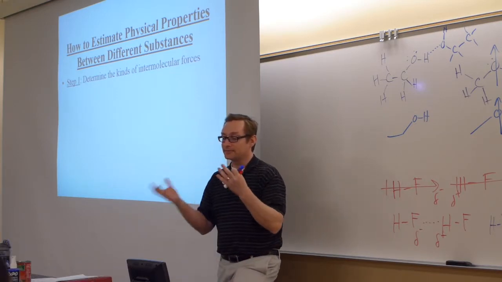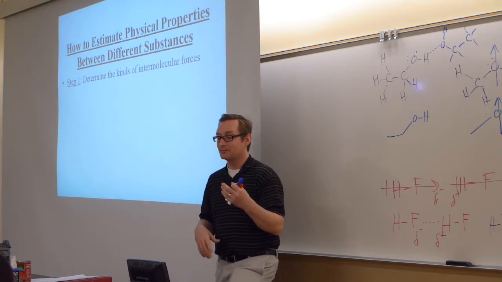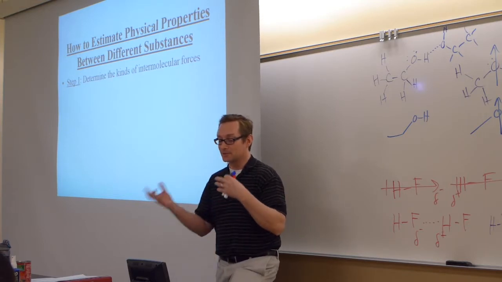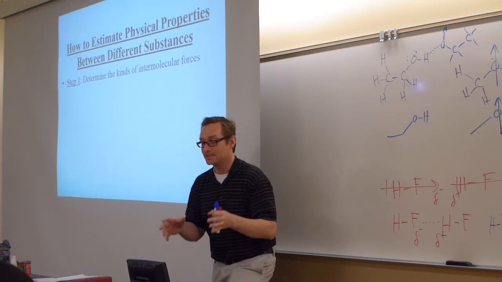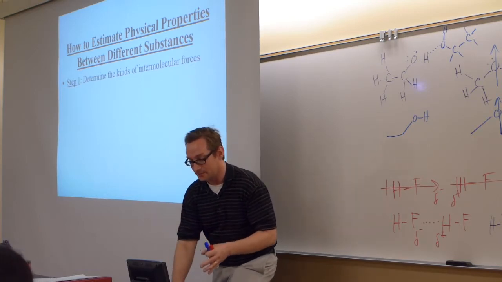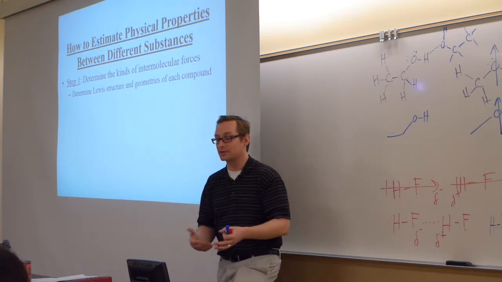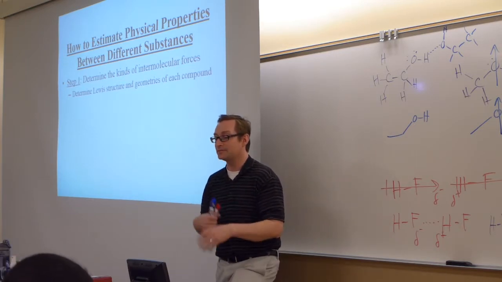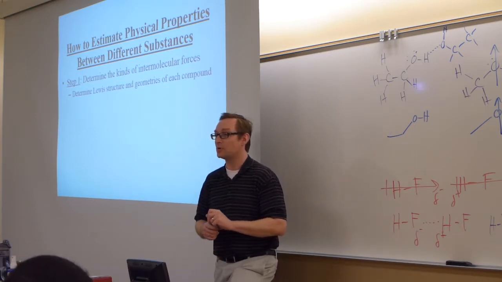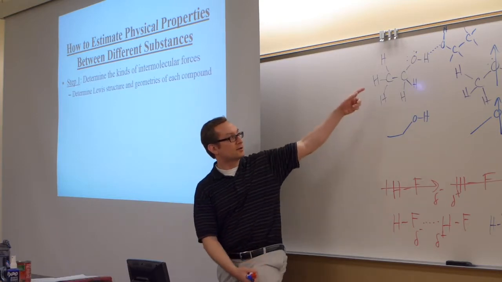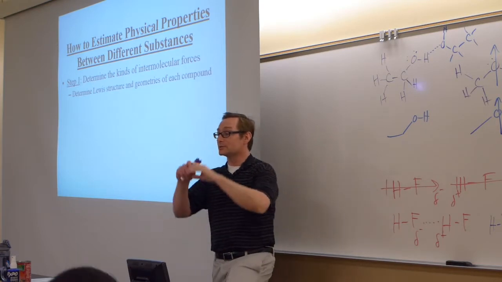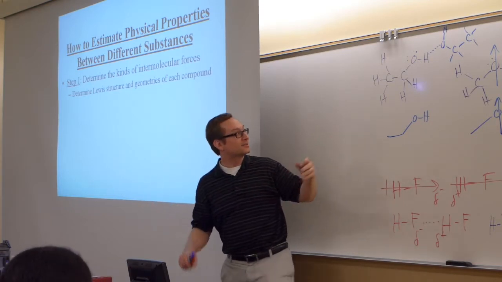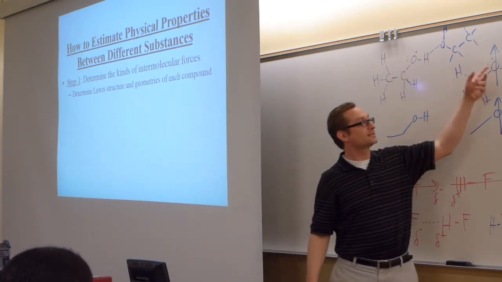So given these three different forces we talked about, how do you determine the kinds of physical properties? Like how do you compare boiling points and melting points? First step is you have to determine the kinds of intermolecular forces, which requires you to draw the Lewis structure and perhaps even the shape to determine if it's polar or not. Notice how with ethanol versus ether, I drew those Lewis structures somewhat in the shapes of the molecules.